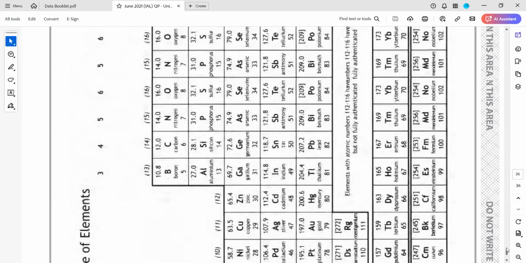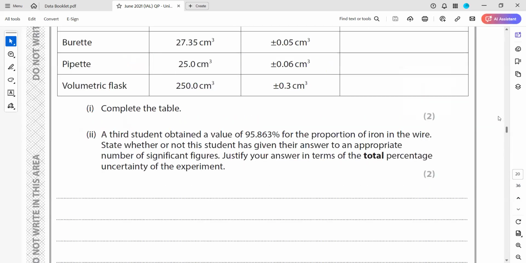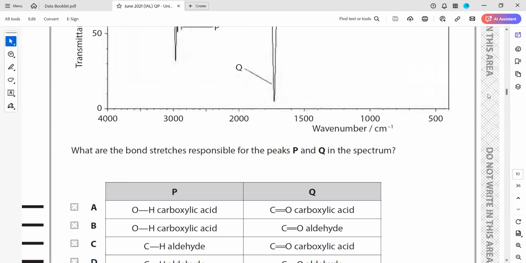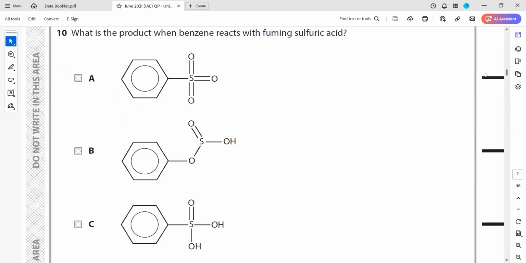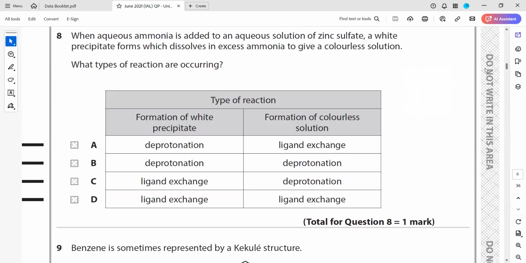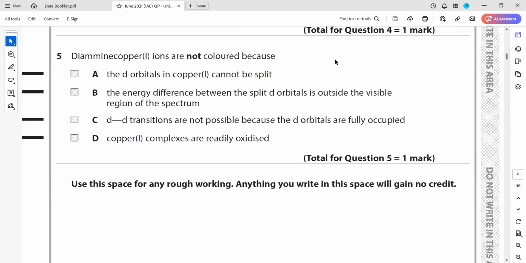So for 29, the configuration is 1s2, 2s2, 2p6, 3s2, 3p6, 4s2, 3d9.